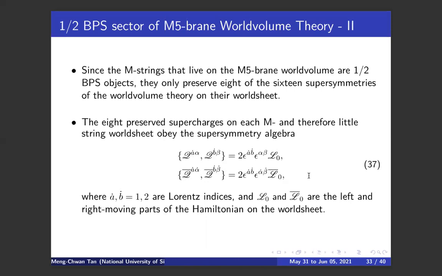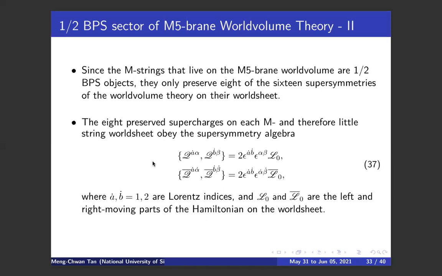So we end up getting a (4,4) model. So the M string itself, on the worldsheet itself, has (4,4) supersymmetry. Okay, and it's given by this algebra here. And these supercharges here actually come from the ambient 16-dimensional supercharges of the world volume theory. They are being preserved when they hit the M string.